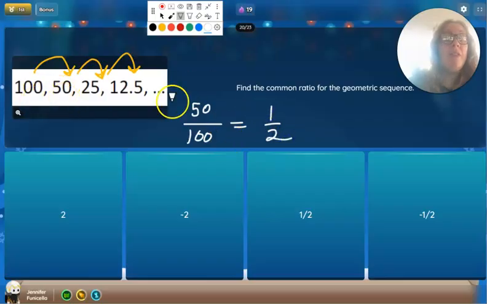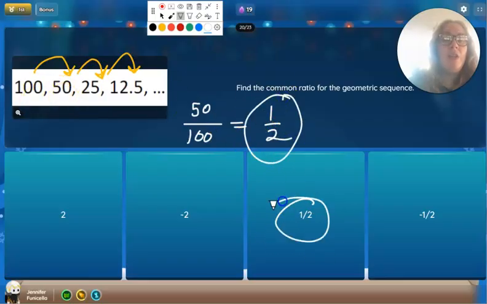Notice the numbers were getting smaller each time, so that means we are multiplying by a fraction, or we could also think of this as dividing by 2. So multiplying by 1/2 is the same as dividing by 2. So that's our common ratio here. Beautiful.